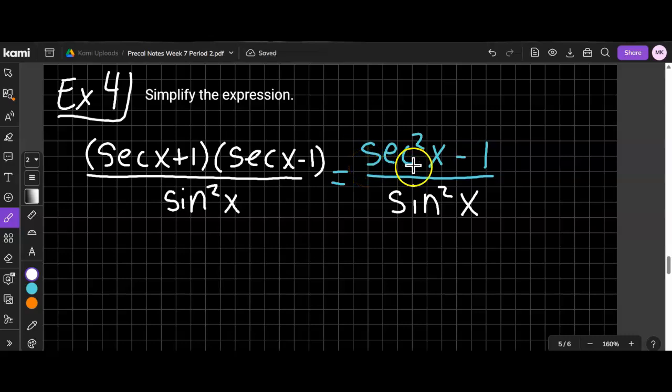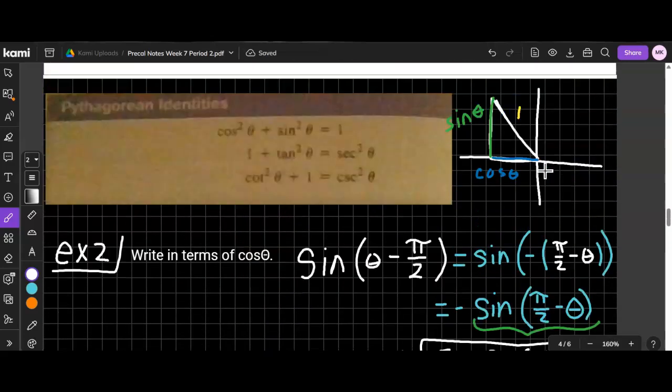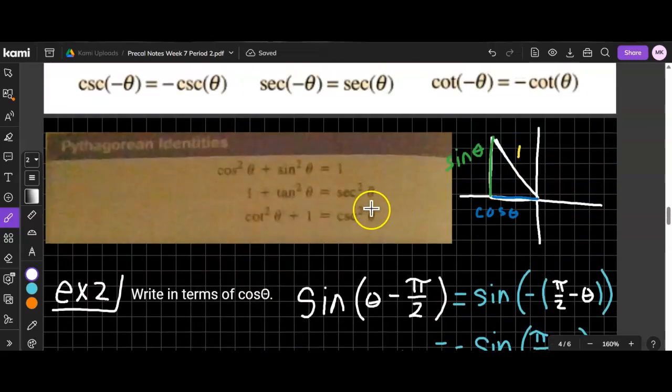What we do now is we look for those patterns. This really looks like it should be a Pythagorean identity. So if you go and look back at your Pythagorean identities that you have written down in your notes, take a peek at it. I'll actually also scroll up here. If we take a look at our Pythagorean identity, that looks a lot like this, except our secant squared isn't by itself.